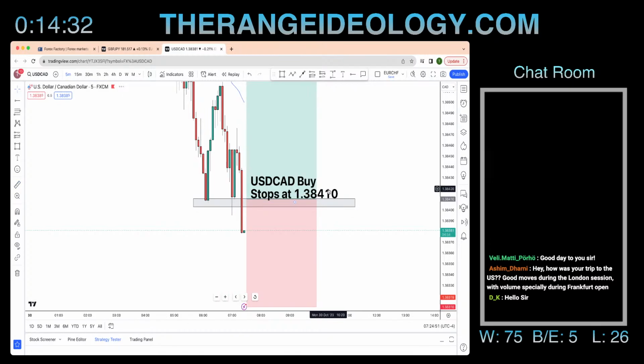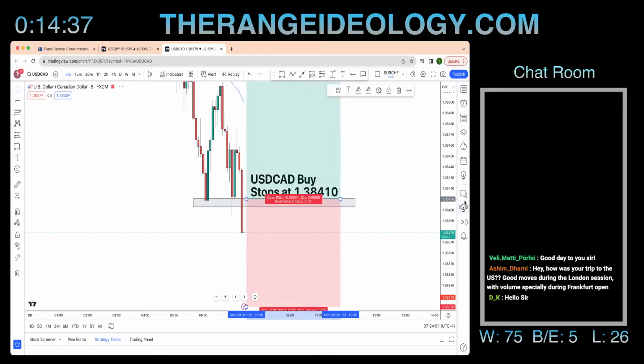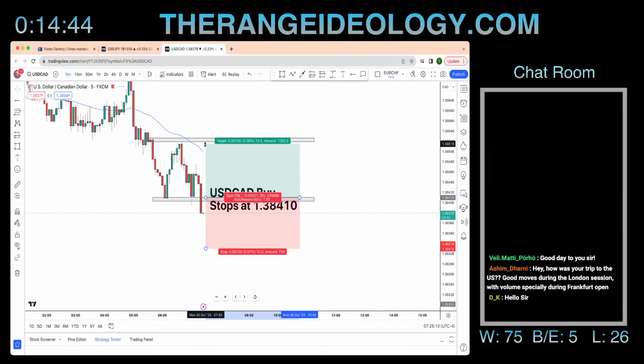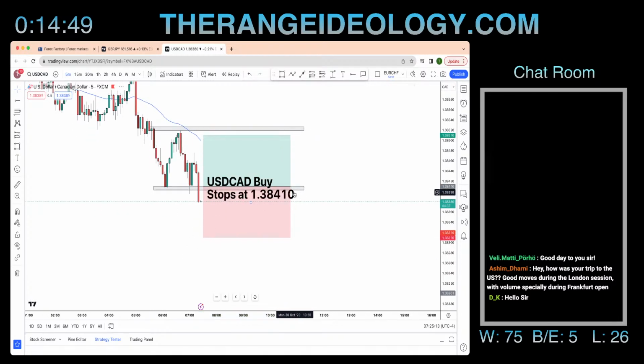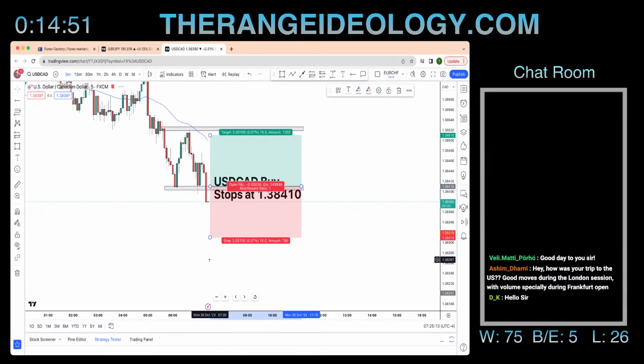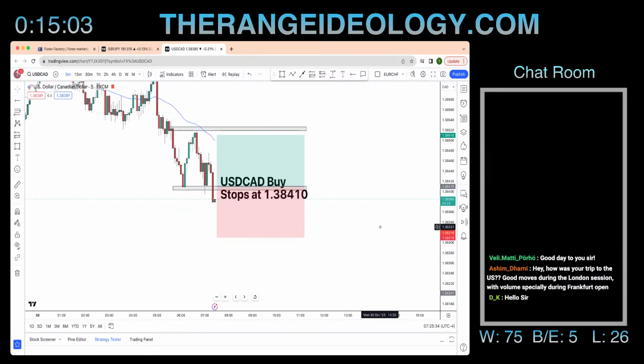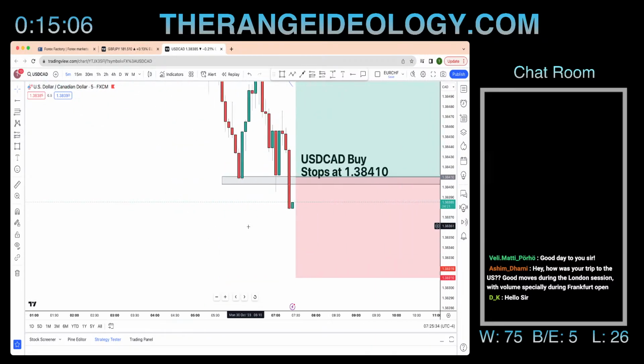USD CAD buy stops at 1.38410 with a 10 pip stop loss and a 10 pip TP right here. So 1.38410 is the buy stop. Stops are at 1.38320, and 1.38510 would be the TP. Again, just looking for a small scalp here, guys.